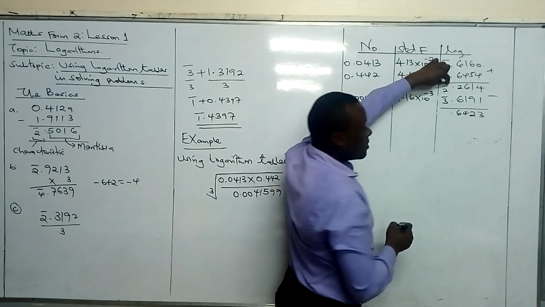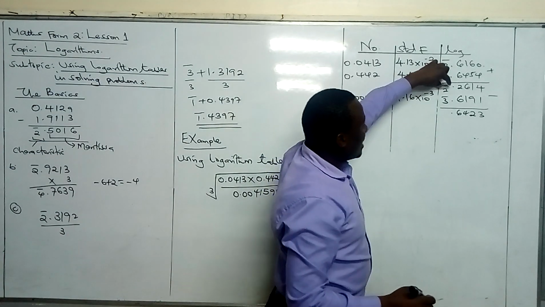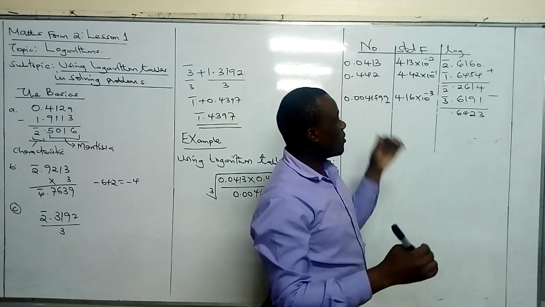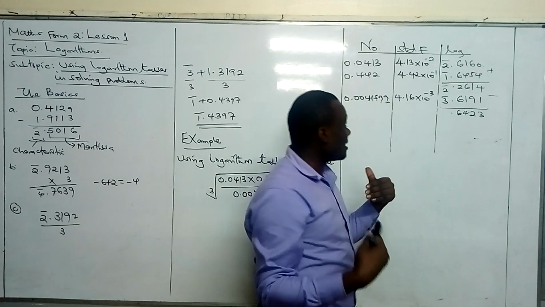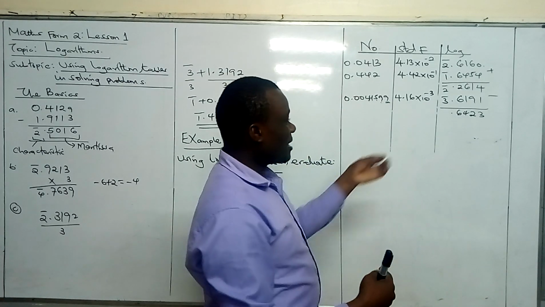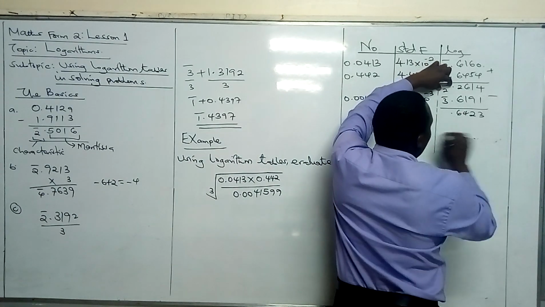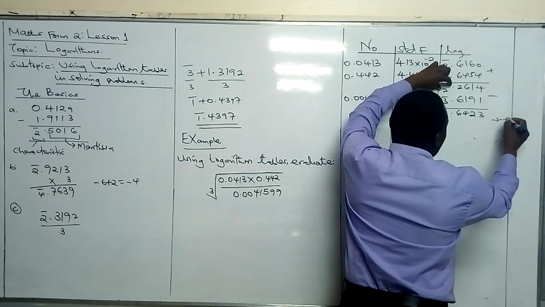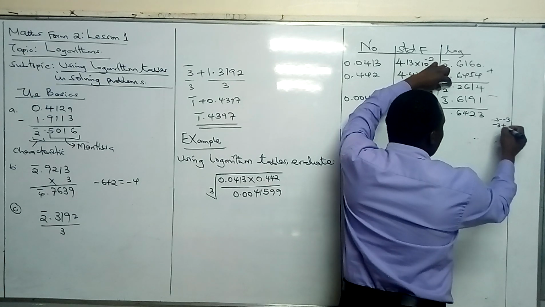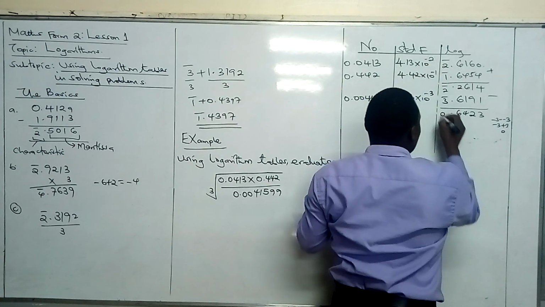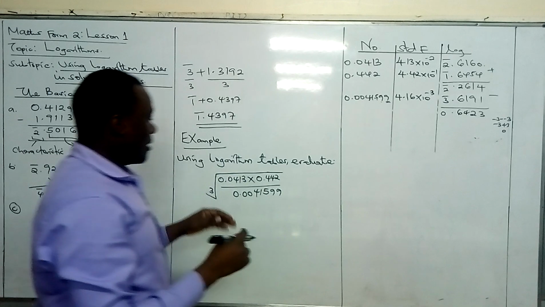Now, this is minus 2. Minus 2 will move to 1. So we remain with the number that's behind, which is now minus 3. So we have minus 3 minus minus 3, which is the same as minus 3 plus 3, which is giving us 0. So that's our final answer.